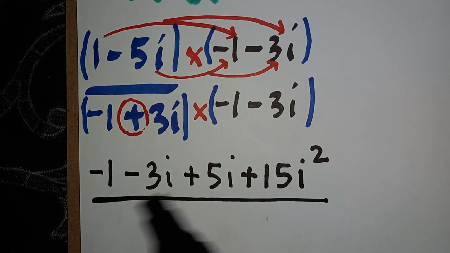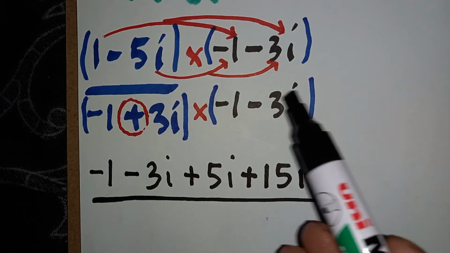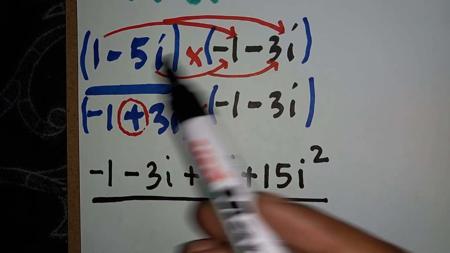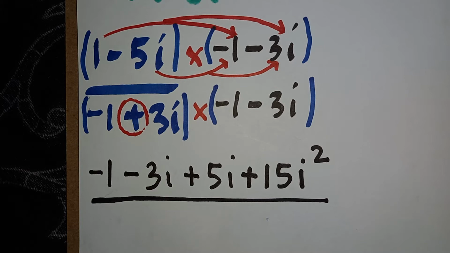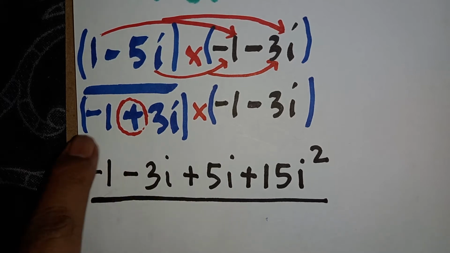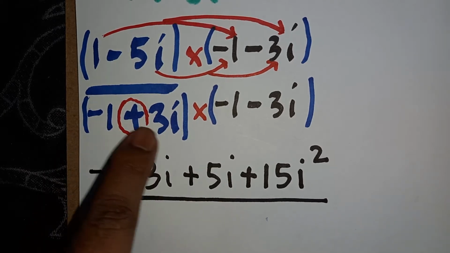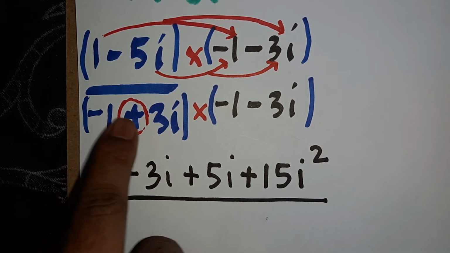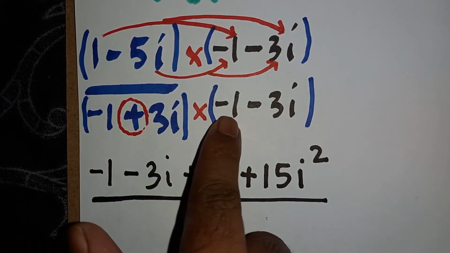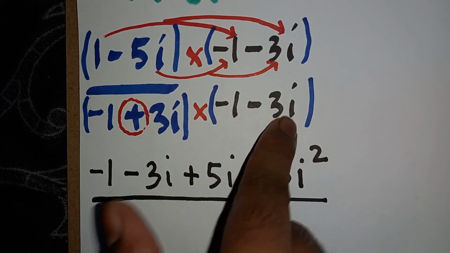Now for the denominator part, we can carry out the same steps like we did for the numerator. We can just expand like that, but there is a simple way of doing it. If you observe this closely, you can see that you have something as a plus b, and you have a minus b.